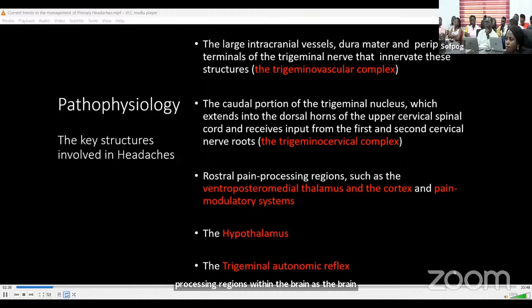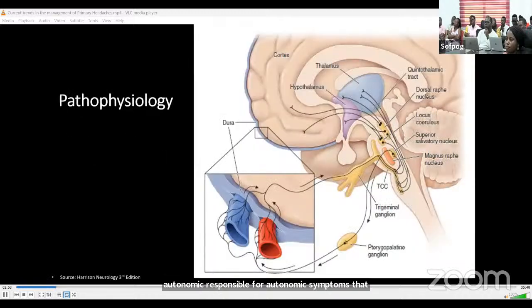The hypothalamus has been hypothesized to be involved because of the circadian rhythm of some of these primary headaches, as well as the trigeminal autonomic reflex, which is responsible for the autonomic symptoms that patients present with. So it's a brief summary of all the mechanisms that we have spoken about.